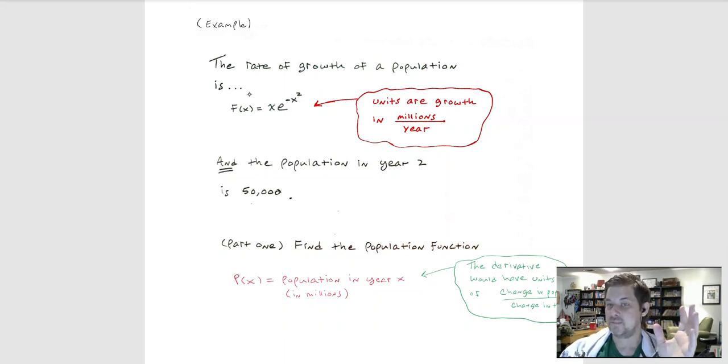There's how fast the population is growing, like maybe it's growing by 5 million people per year, all right? But then there's a separate issue, a completely different number, is what the population is, okay? So the population could be 5 million, and that's just what it is, or it could be growing by 5 million per year, all right? So I got these two bits of information, and they seem to target different things.